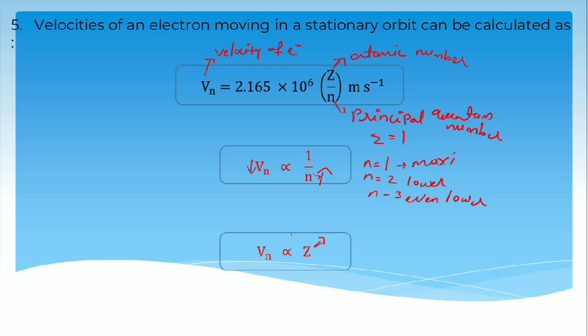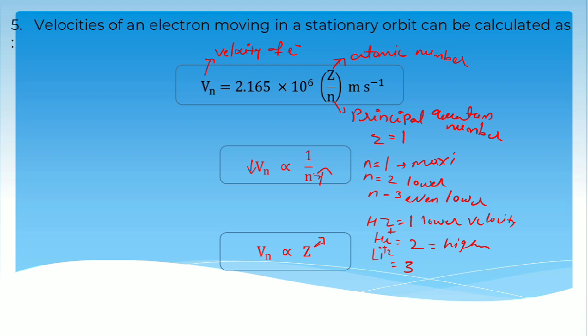Therefore, the electron moves faster. For example, hydrogen, Z equals 1, has lower velocity. Helium, Z equals 2, has higher velocity. Lithium, Z equals 3, has even higher velocity.